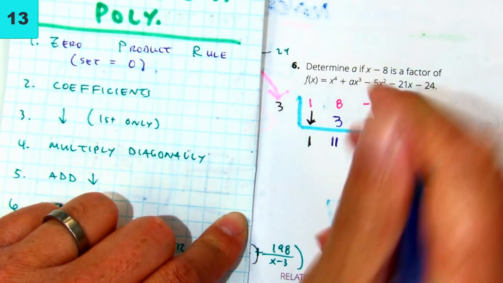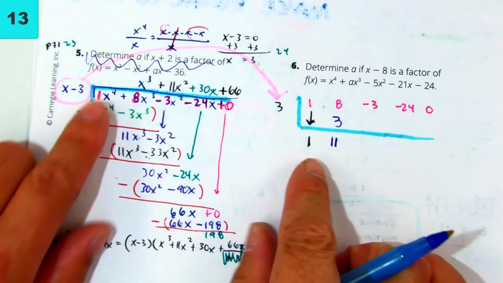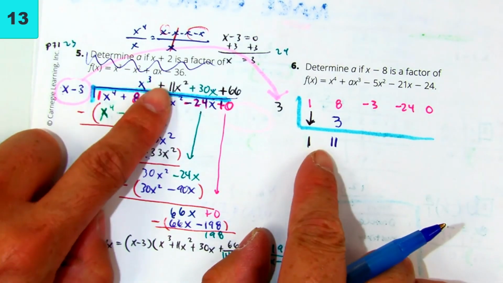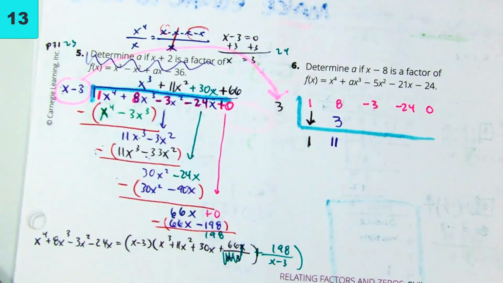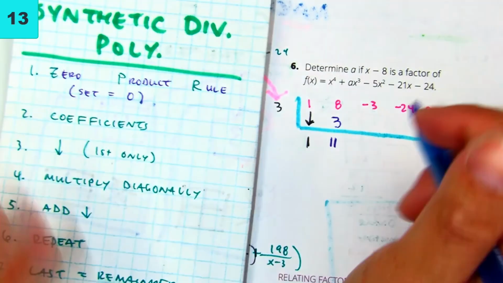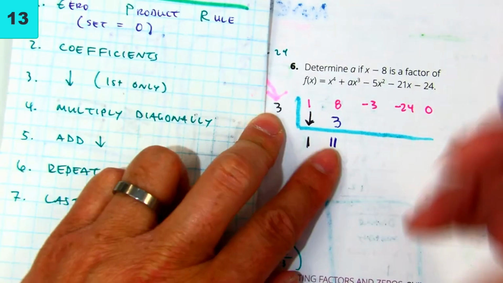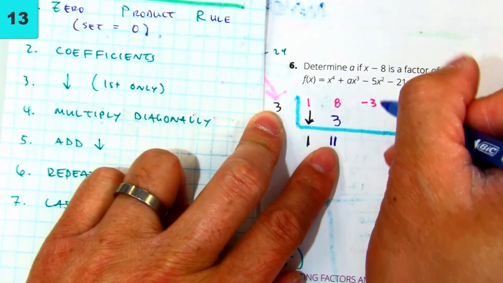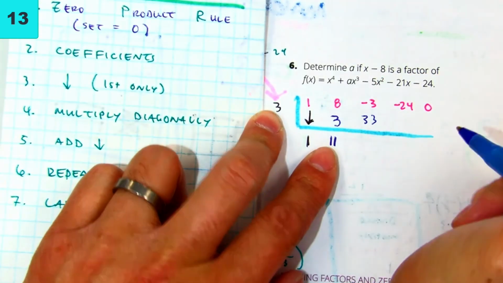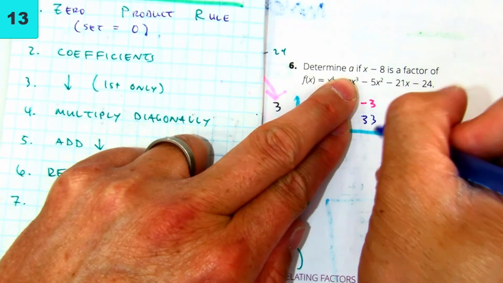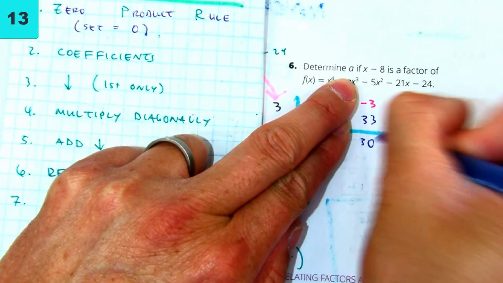Look at this. You want to see something neat? Look, look, look. It gets better. And then it just says to repeat. Multiply. 33. Add down. 30.